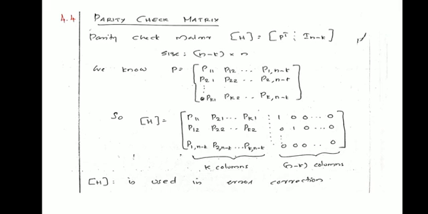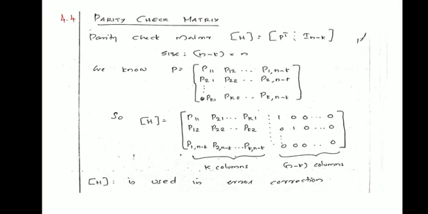We already said that the parity check matrix is denoted as capital H, and it has two expressions, like the generator matrix. If we represent the generator matrix in the format P followed by I_k, then the parity check matrix should be in the format I_(n-k) followed by P transpose.